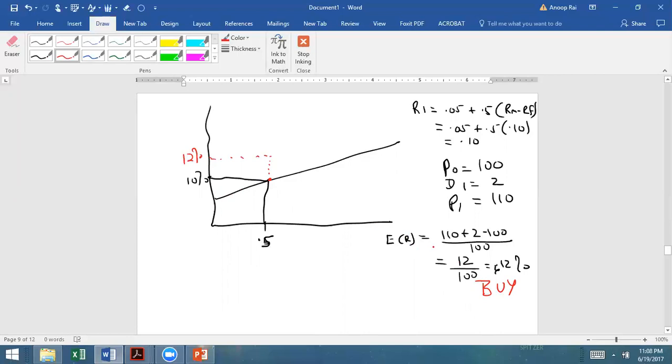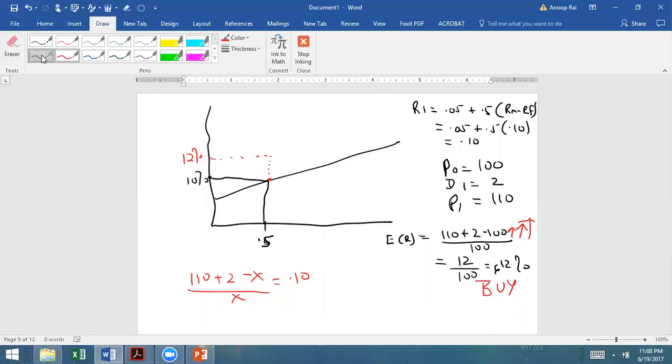So as more and more people buy the stock, what will happen to the price of the stock? The price of the stock will start going up, up, up. How high should it go? Well, we know (110 plus 2 minus X) over X should hit about 10%.